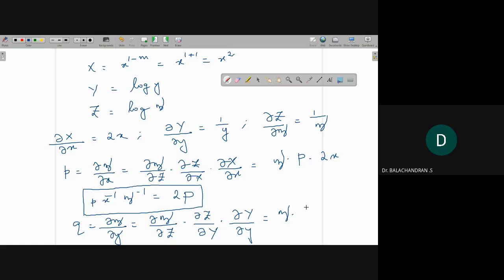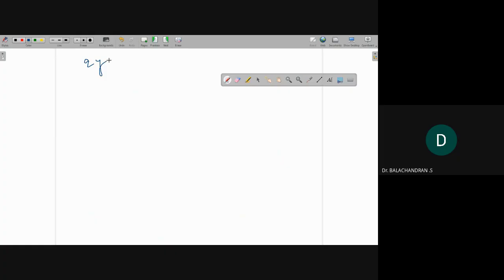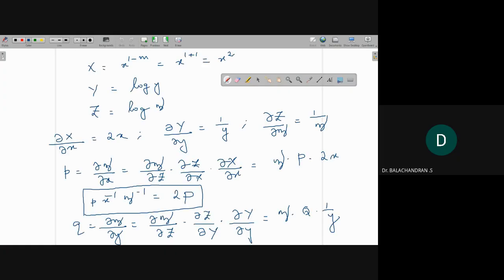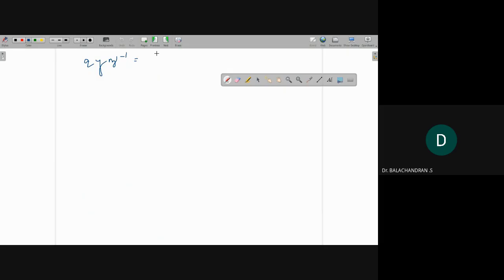This is capital Q. So q y into z power minus 1 is equal to capital Q.